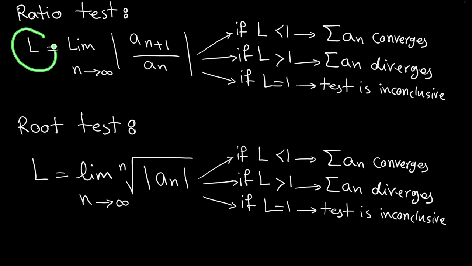Now, if L is a constant less than 1, we can conclude that the series of a_n converges.